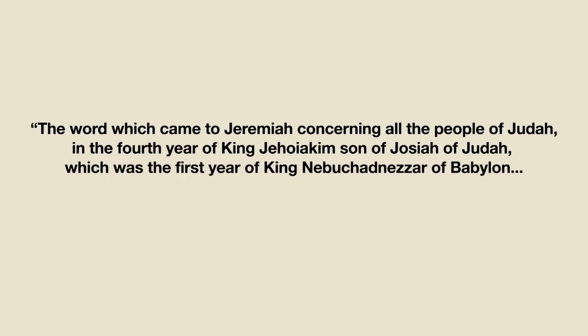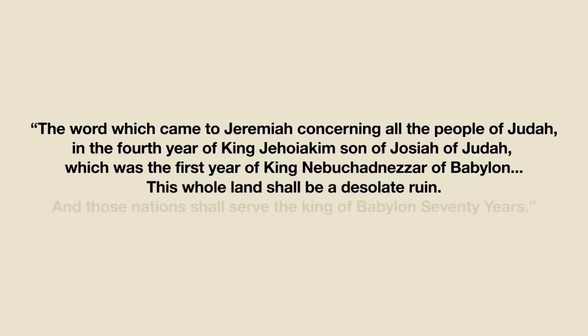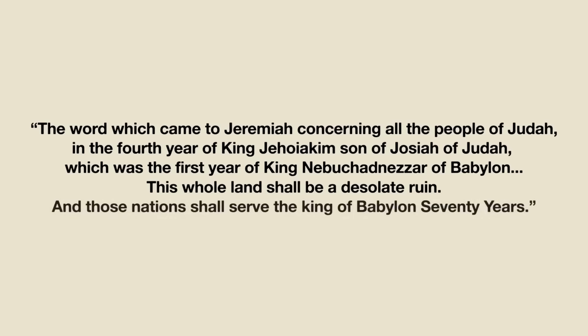He then goes on to give a bunch of details, the most important of which is given in verse 11. "This whole land shall be a desolate ruin, and those nations shall serve the king of Babylon 70 years." So this is great because Jeremiah's prophecy begins with some very clear reference points.